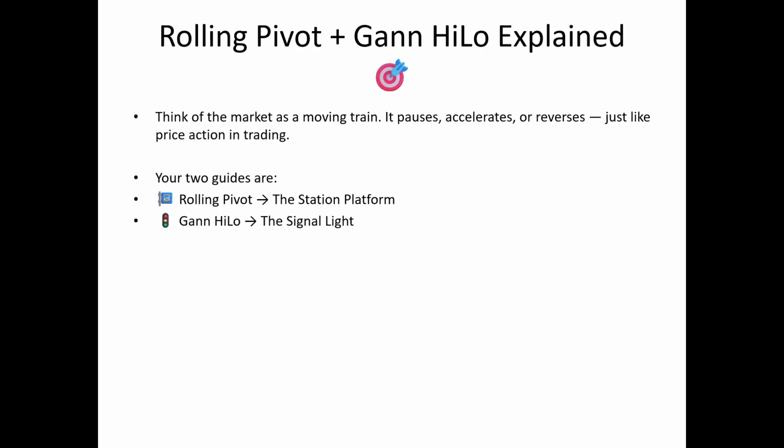It tells you whether the track ahead is safe to continue or if a slowdown is coming. If a slowdown is coming, I've coded it for dynamic color. It automatically turns gray or black. That's how I have made it.